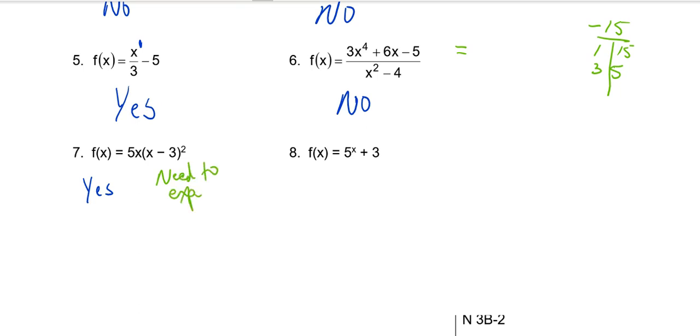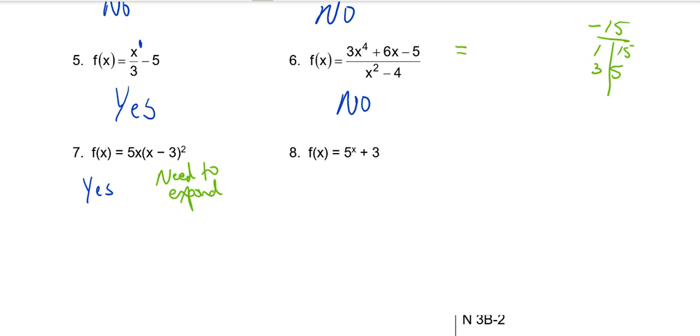Alright, number 7. Just because we have parentheses and stuff like that, we can see that we got 5x, which is raised to the 1st power, and then when we do what's in the parentheses, it's going to be x squared, and when you take x to the first times x squared, you're going to get x cubed, so our degree is going to be 3. When we expand this, we're going to get a trinomial.